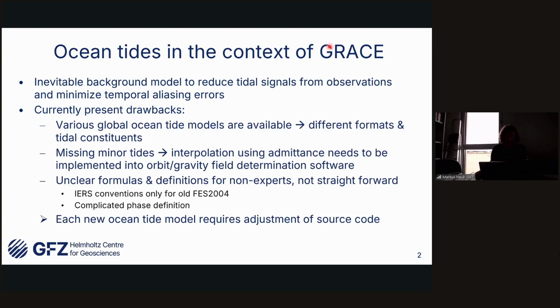In general, there are various global ocean models available, but they are provided in different formats, and they contain different tidal constituents. They usually provide tidal constituents for a number of major tides but are missing minor tides. So admittance needs to be implemented into the software packages by the users.